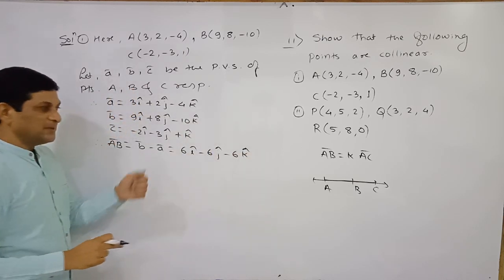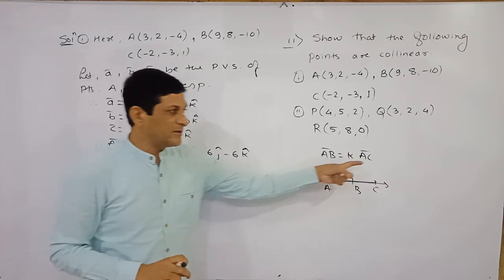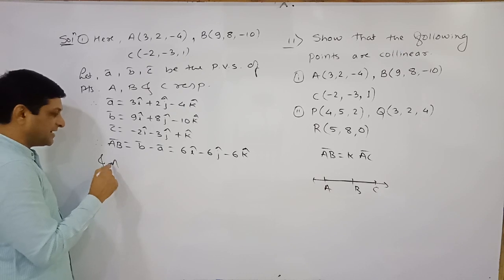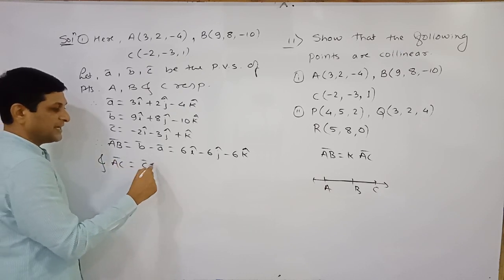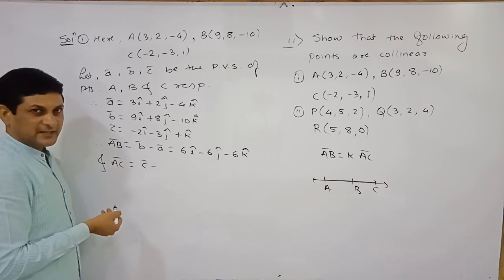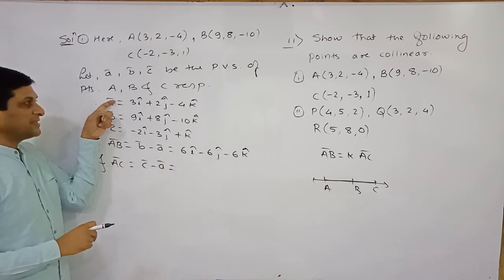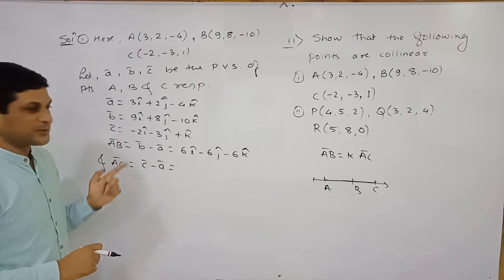Once the value of AB bar is known, let us find the value of AC bar. AC bar in terms of position vectors can be expressed as C bar minus A bar. A bar is known and C bar is known, so take their subtraction.